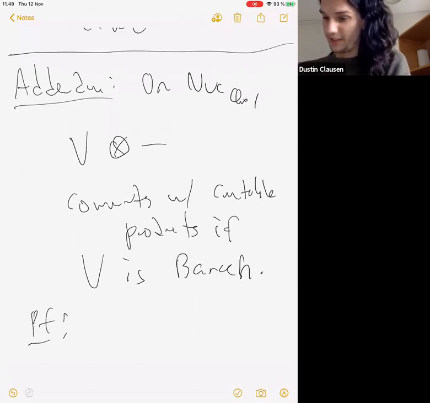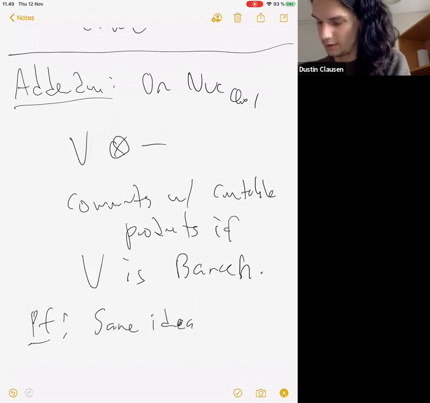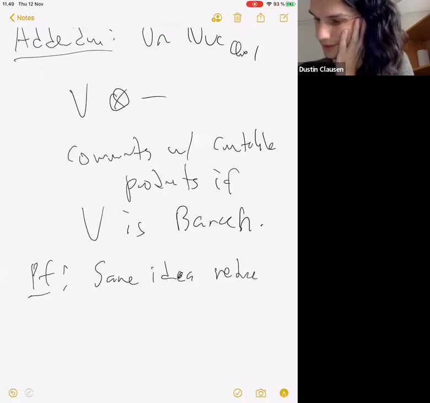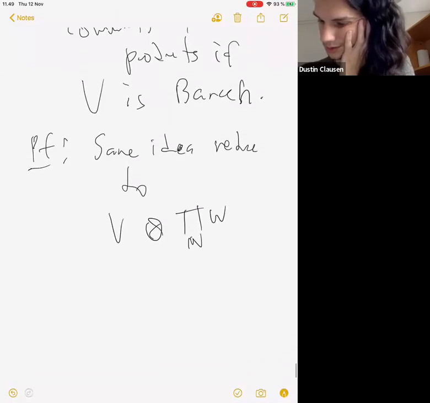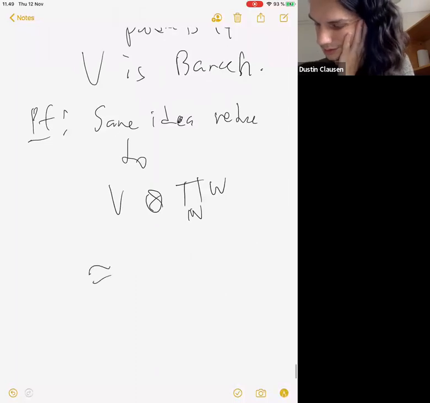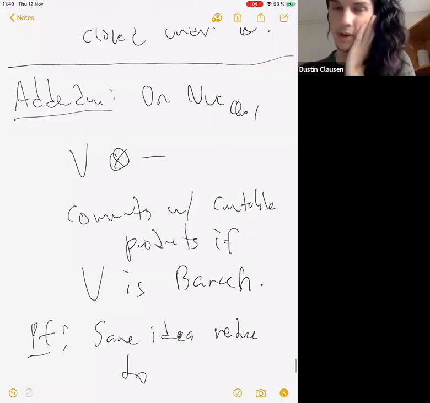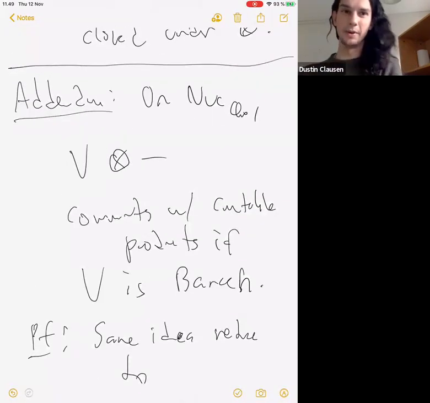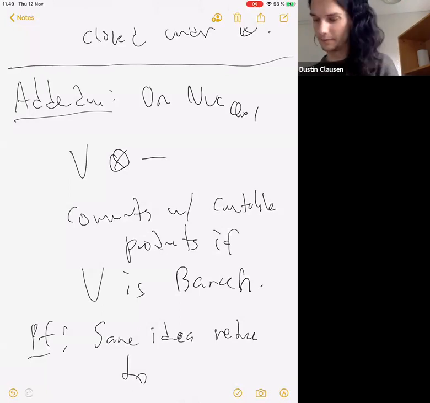And the proof is the same idea. It reduces us to Banach spaces. You have to be a little careful with the colimit argument to make sure that it matches up on both sides, but it does.